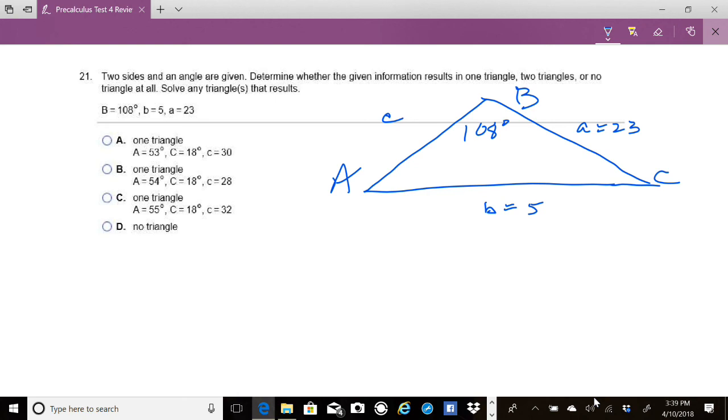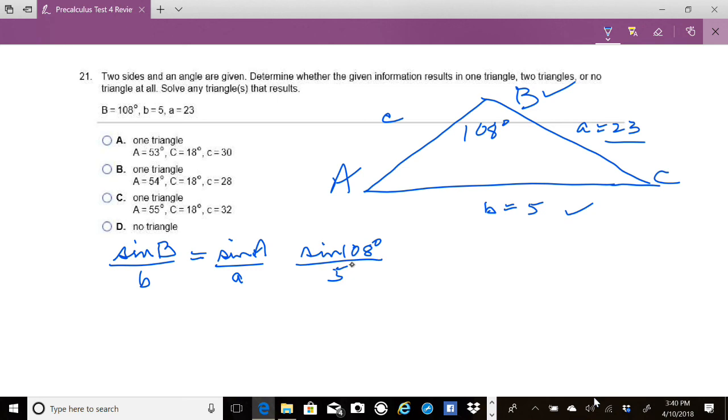Well, since we have everything we need to know about B and a little bit about A, let's use sine of B over B equals sine of A over A. That's sine of 108 degrees over 5 equals sine of A over 23.